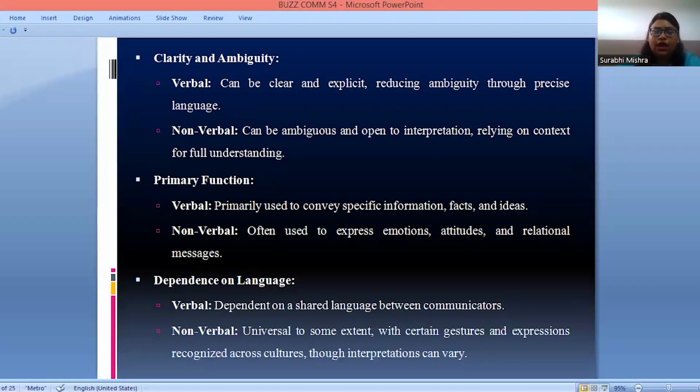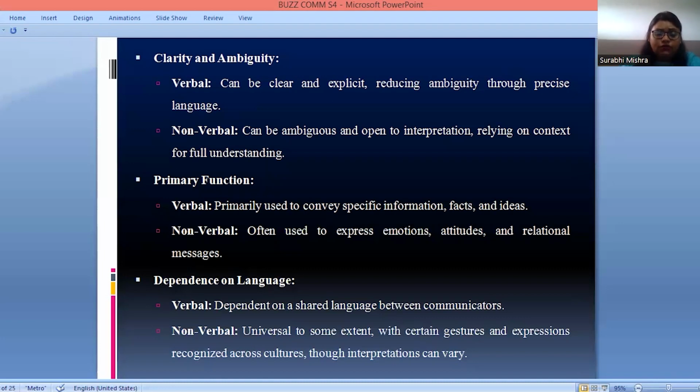Informal groups can be in organizations also, because employees who are closely related form social groups, and sometimes it is informal. So informal communication can take place anywhere: at home, at schools, between social groups, in offices, anywhere. In that case, non-verbal communication can express emotions, attitudes, and relational messages.